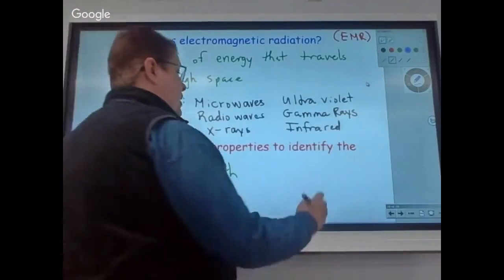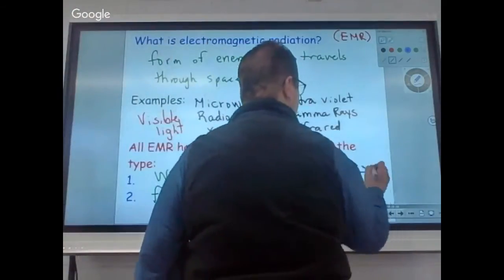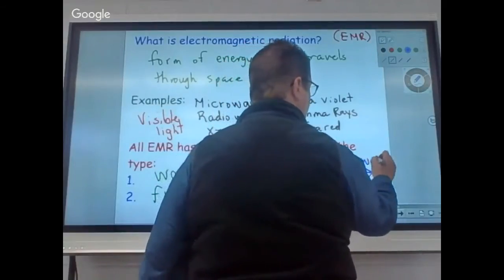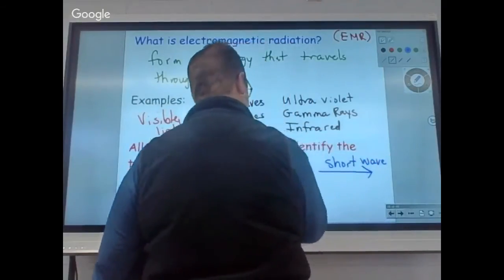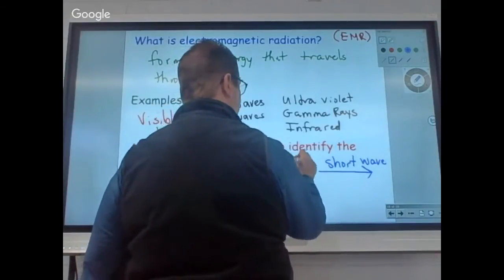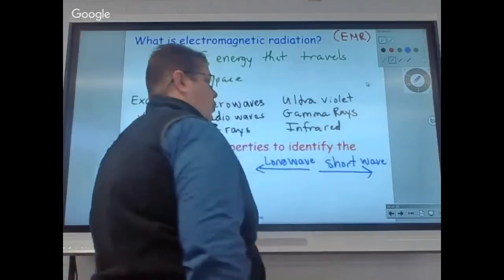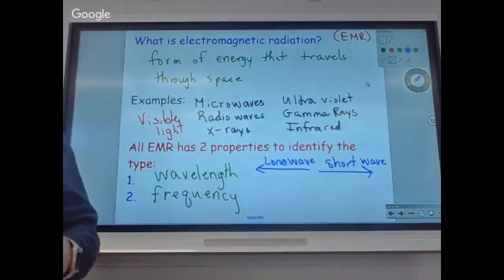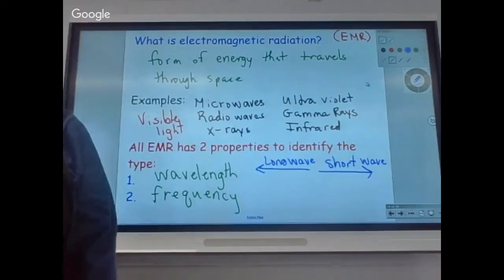Okay, so you see on your paper how it says short wavelength? And then it says long wavelength. What does that mean for frequency? Because the state wants you to know that and be able to translate it.